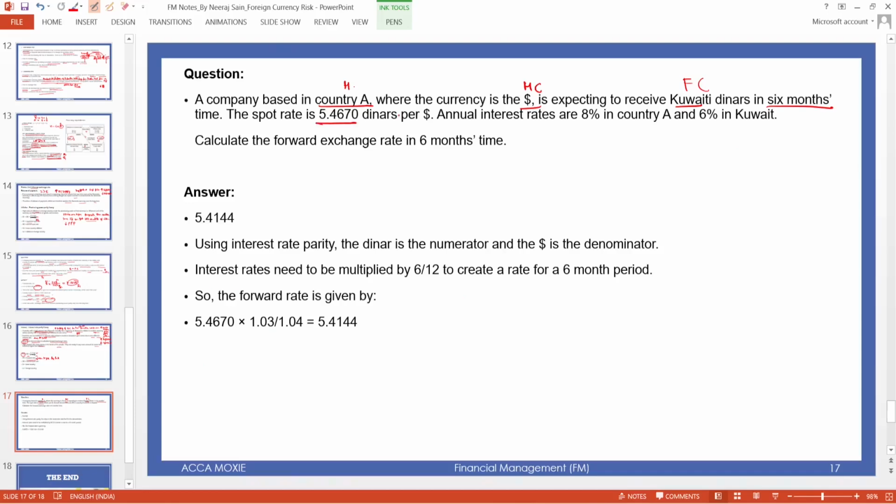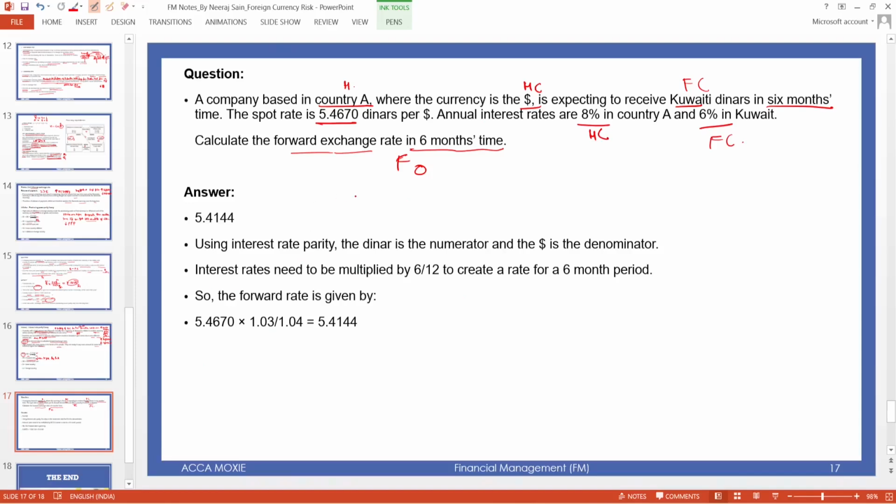The annual interest rate is 8 in country A. Country A is the home country, home currency, and then foreign currency. Calculate the forward exchange rate in 6 months time, meaning F0.